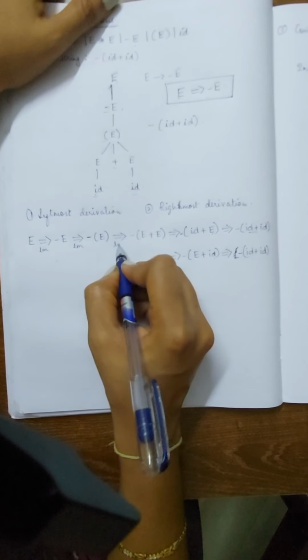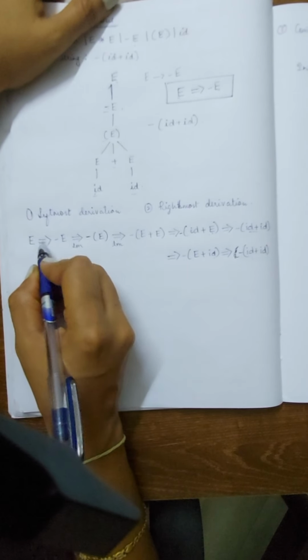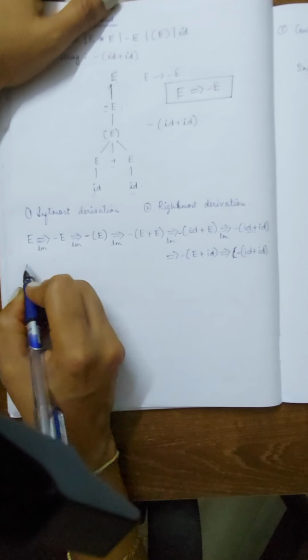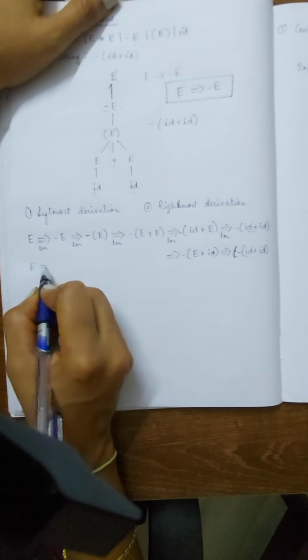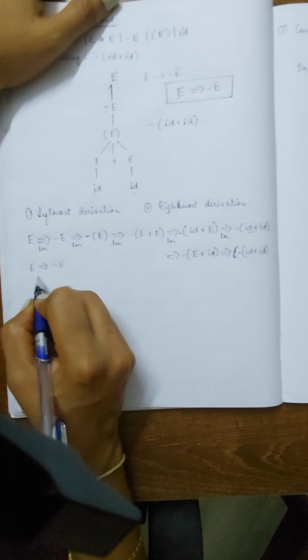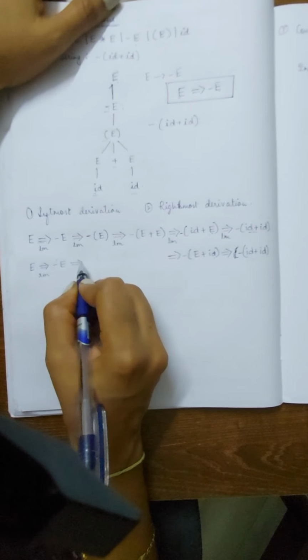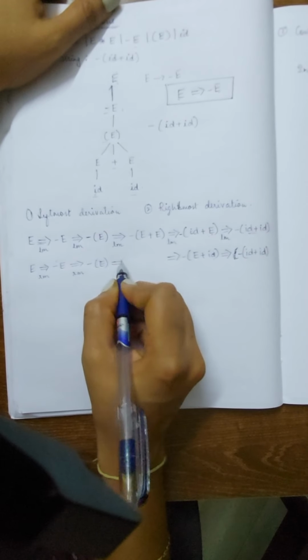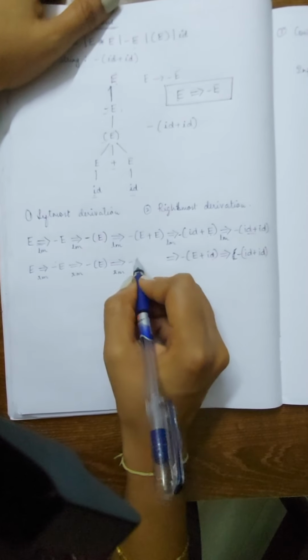I can write it in this way. If it is a leftmost derivation, we write LM below this symbol, and this one can be written as rightmost derivation, in this way.